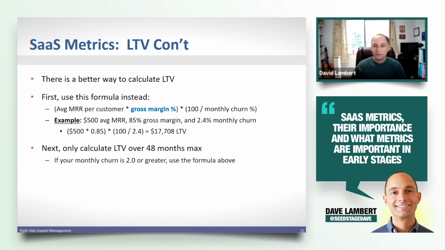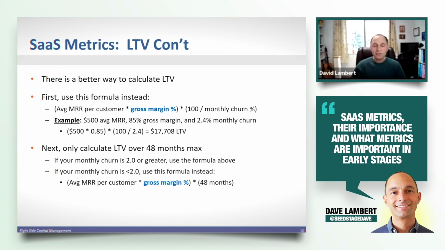If your monthly churn is 2.0% or greater, use the formula above. Because remember, at 2% churn, your average customer lasts about 50 months. We can call that close enough to 4 years. If your monthly churn is less than 2%, you just use this formula instead. It's your MRR times your gross margin, and then you just multiply that times 48. You just cap it at 48 months.